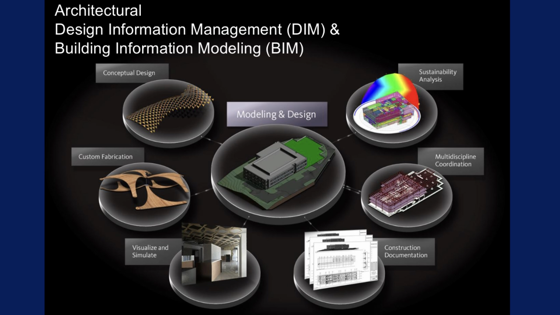So that's the advantage, because on one single model you can get all of this information, and you can do all of these things with confidence that everyone is on the same page and well coordinated.